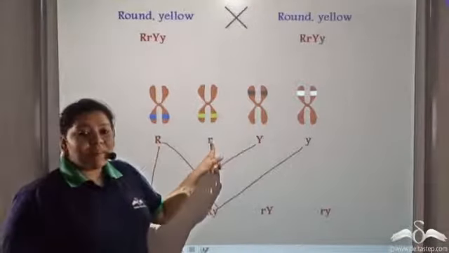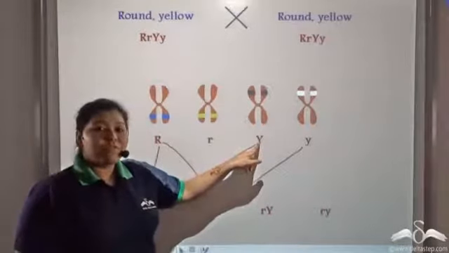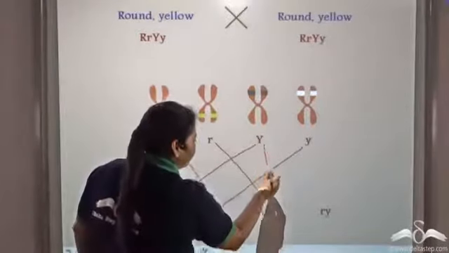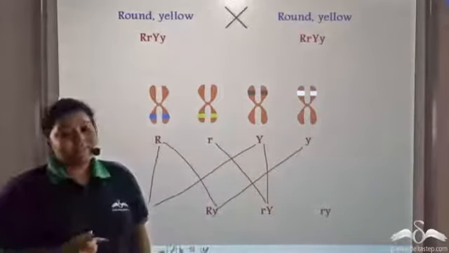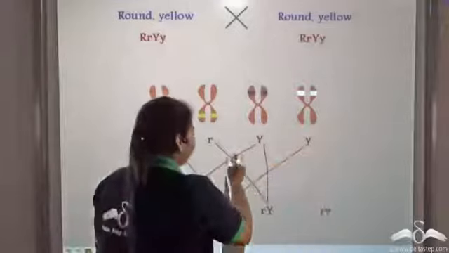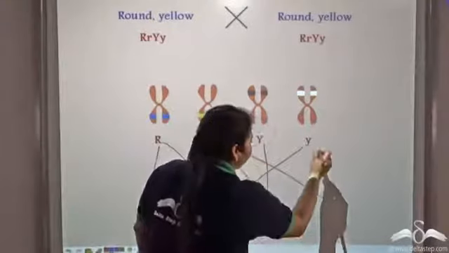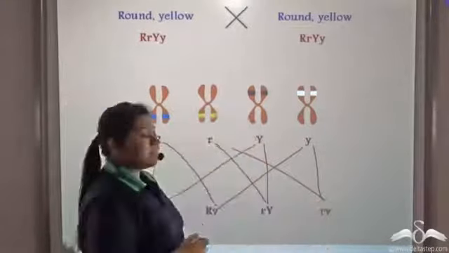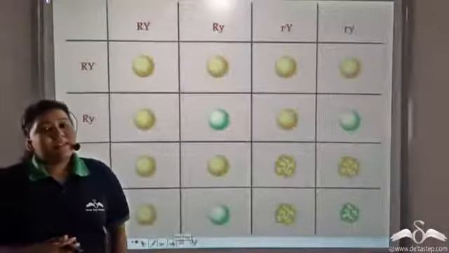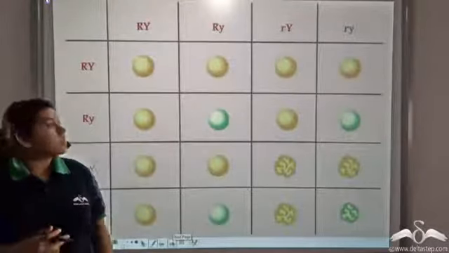Small r can combine with capital Y to form the genotype small r, capital Y. And finally, small r can combine with small y to form small r, small y. Now let us do the entire cross.